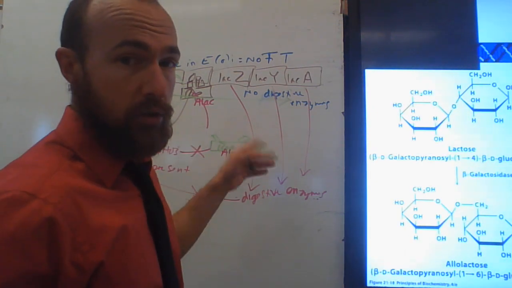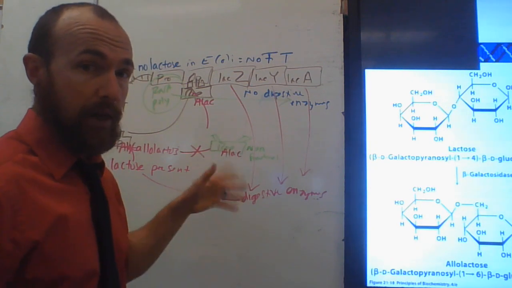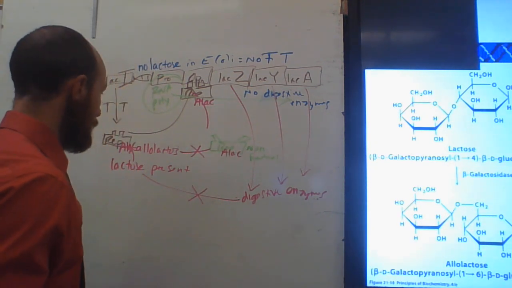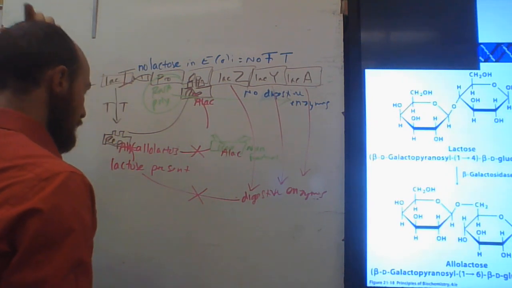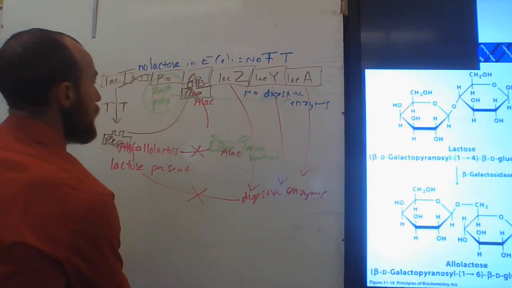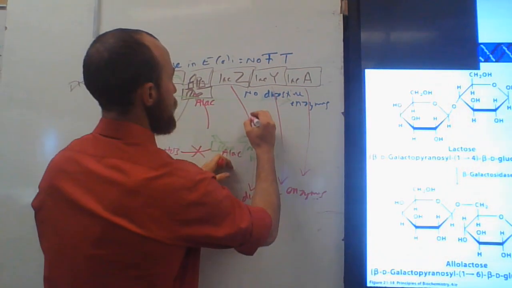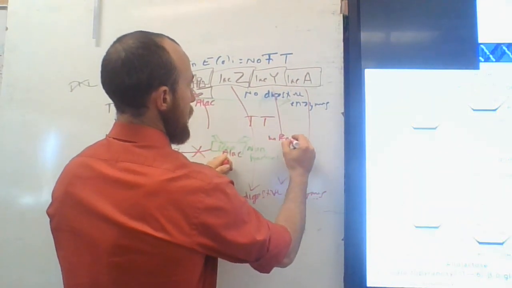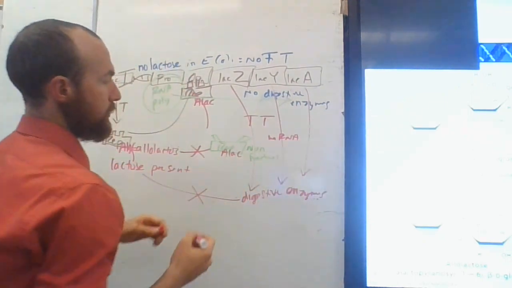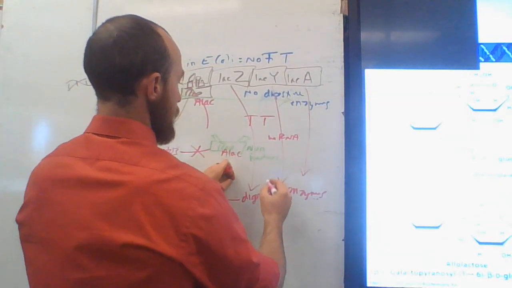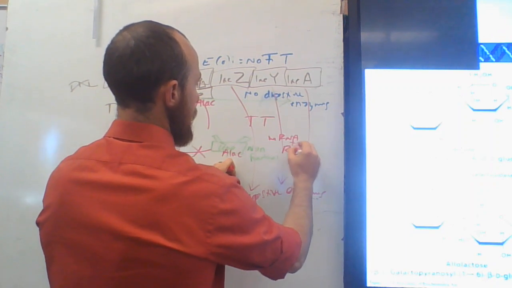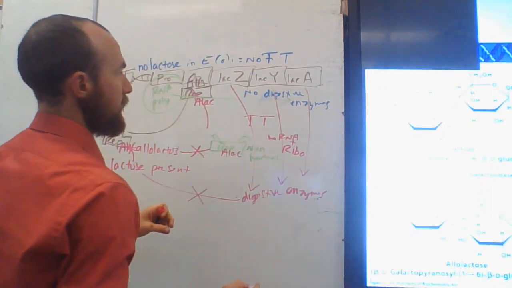Now, I've not invented these lines, arrows, X's. This is how everybody draws it, okay? This is how you draw diagrams in biology, okay? So here you could write this transcription, translation, which is going to give us mRNA, which is what we saw in those pictures, and then eventually the ribosome, mRNA plus ribosome gives us our digestive enzymes.